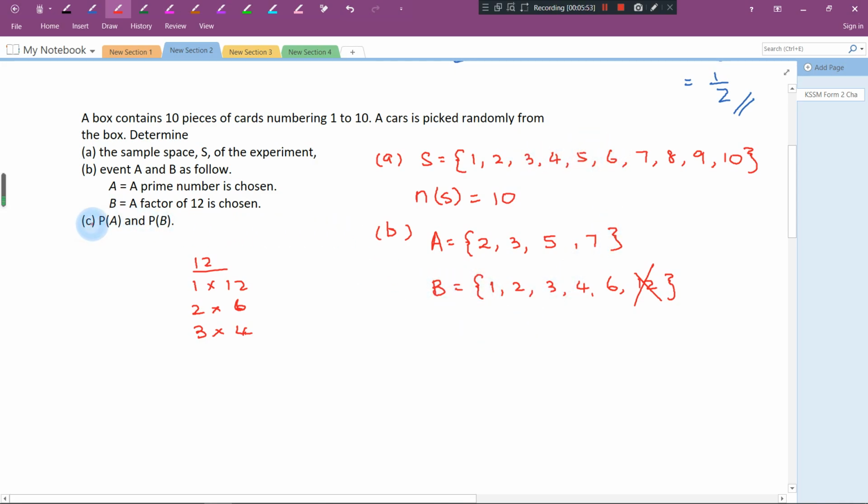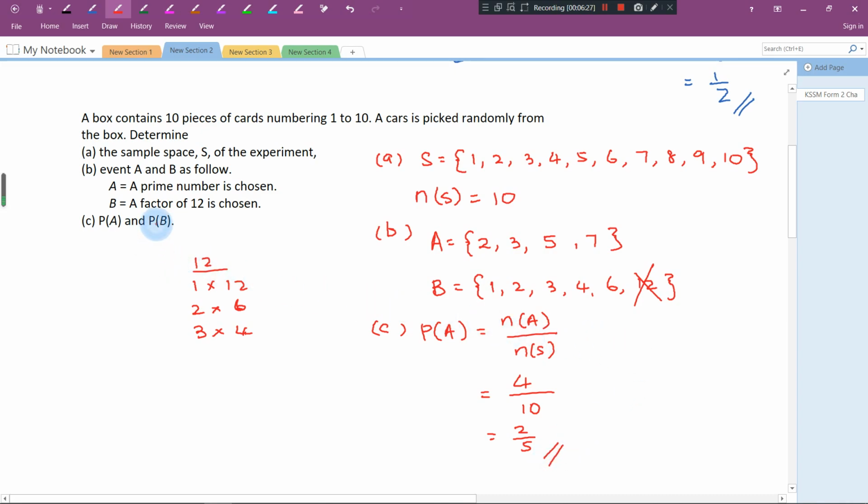The last part of this question: we want to find the probability of event A to happen and the probability of event B to happen. P(A) is equal to n(A) over n(S). n(A) is the number of elements of set A: 1, 2, 3, 4. n(S) is 10. Simplifying, we get 4 over 10, which is 2 over 5.